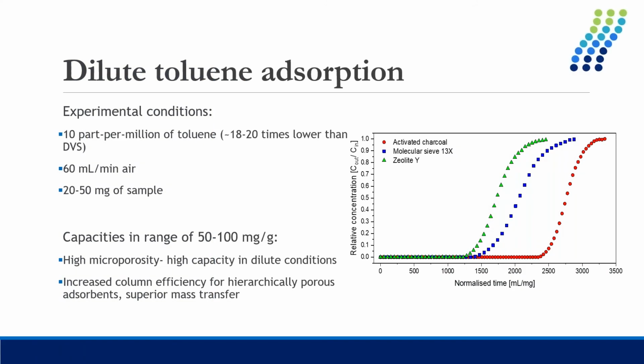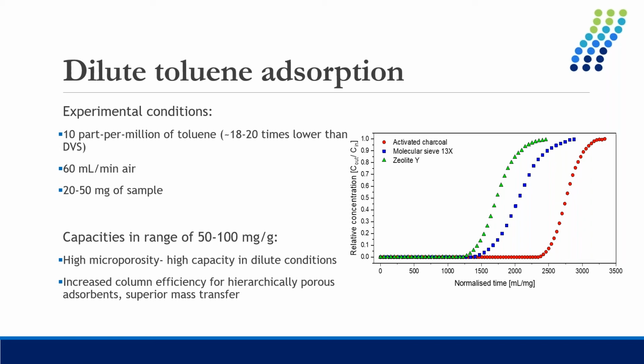So we carried out some dilute toluene adsorption experiments. These were carried out at 10 ppm of toluene, which is very low. This is much more representative of indoor air, and it's around 18 to 20 times lower than what we were using in the DVS Endeavour. We found that for all materials, if you integrate downwards from a relative concentration of 1, you work out your capacity. The capacities were generally in the range of 50 to 100 milligrams per gram.